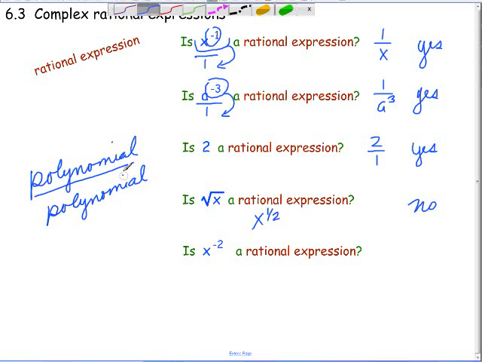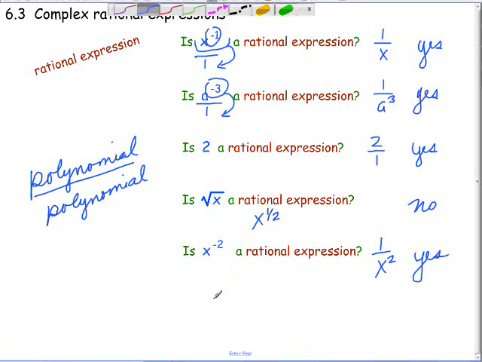And polynomials only have positive integers as their exponents. This is not an integer. How about x to the minus 2? The answer here is yes.